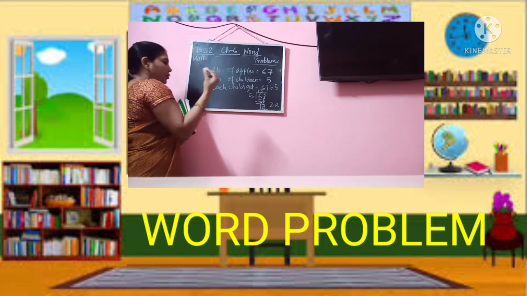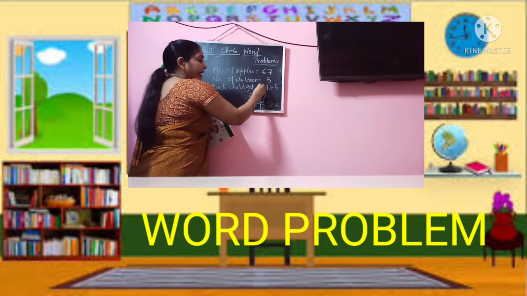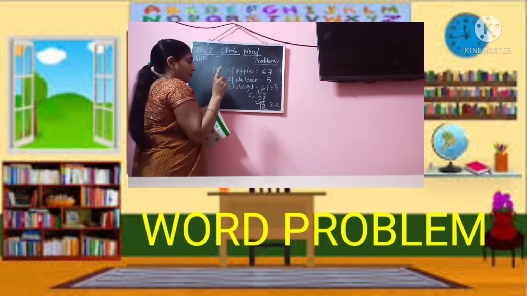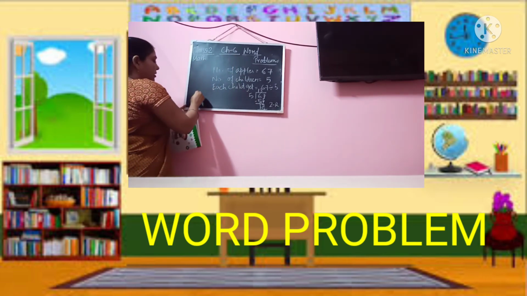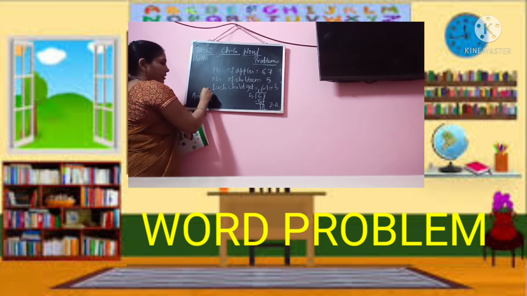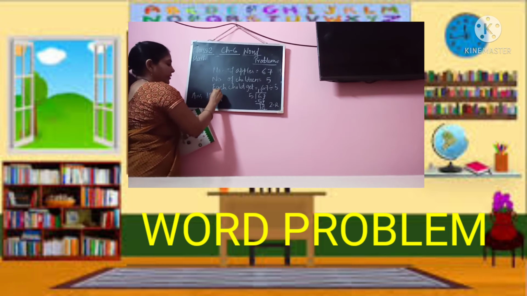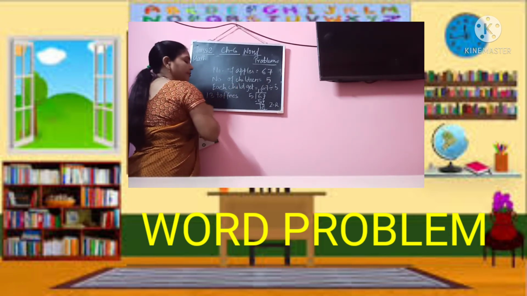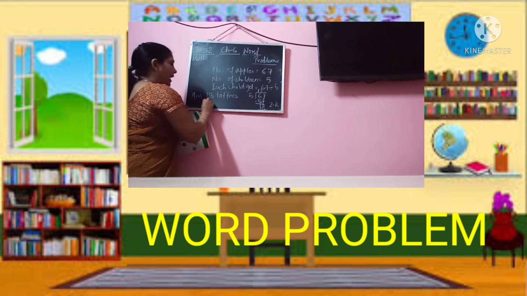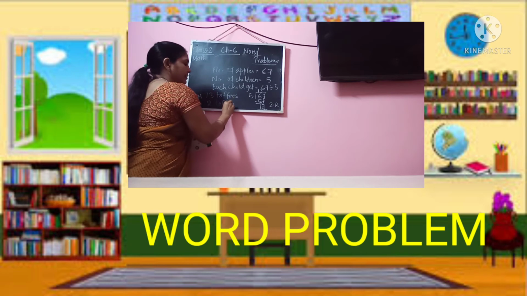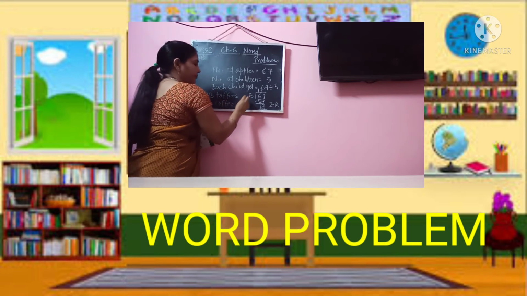Okay. Now how to write the answer? Each child will get 13 toffees. Okay. Sorry, apples. So answer you will write 13 apples each child get, and 2 apples are left.